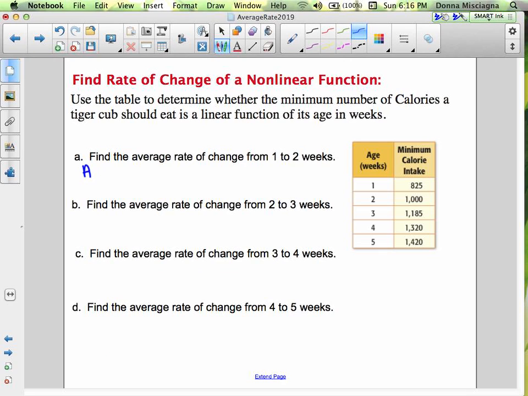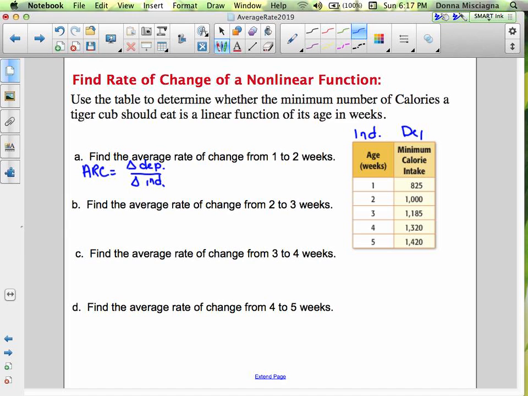This time, instead of writing it as y and x, because we have a real world situation here, let's write it as change in dependent over change in independent. Which one is the independent, which one is the dependent? The age, time, is generally independent, and the calories is the dependent.